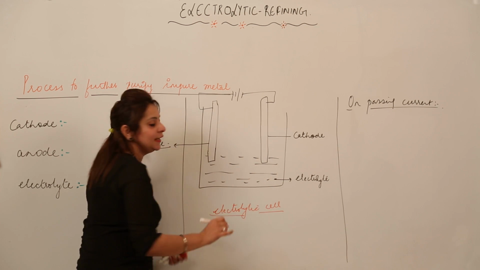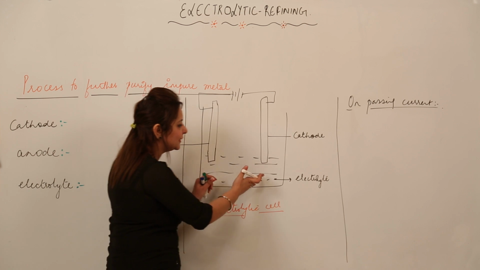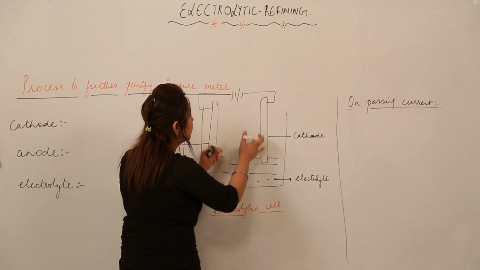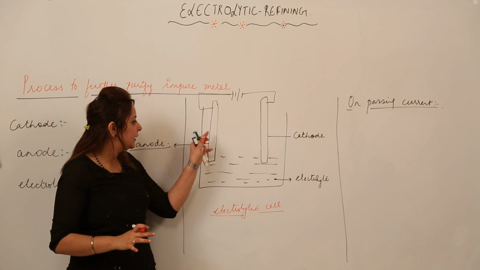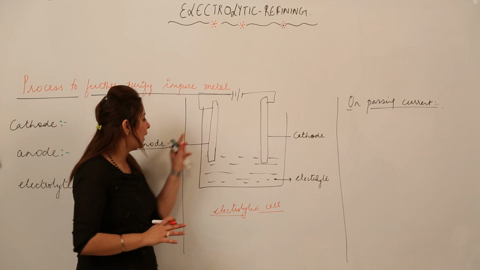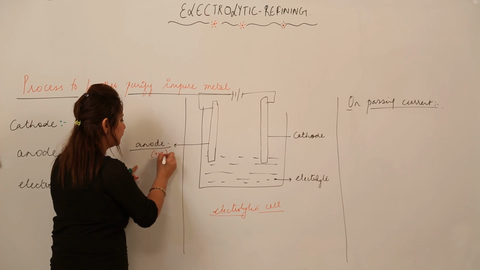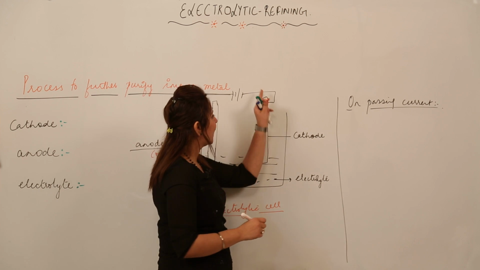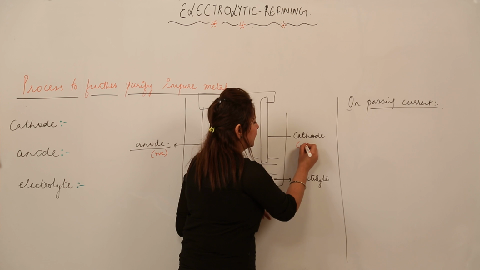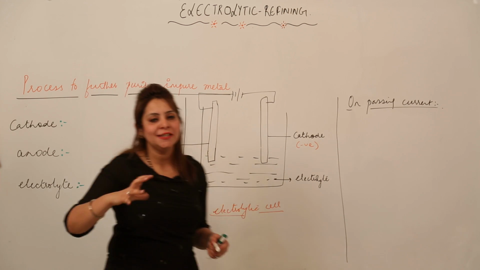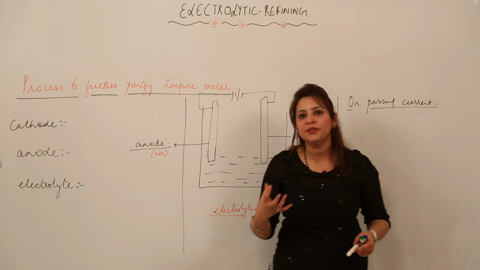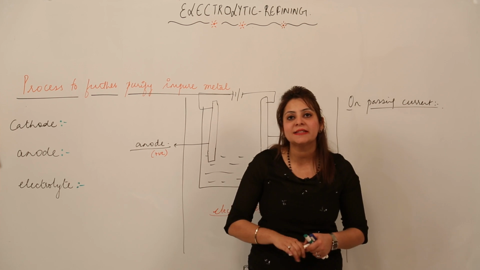So obviously it is an electrolytic cell which possesses the electrolyte, has the electrodes, has the wires, and to which the battery is attached. The electrode attached to the positive pole acts as the anode, and the electrode attached to the negative terminal acts as the negative pole, right. You know that the basic or general phenomenon of electrolysis always remains the same.